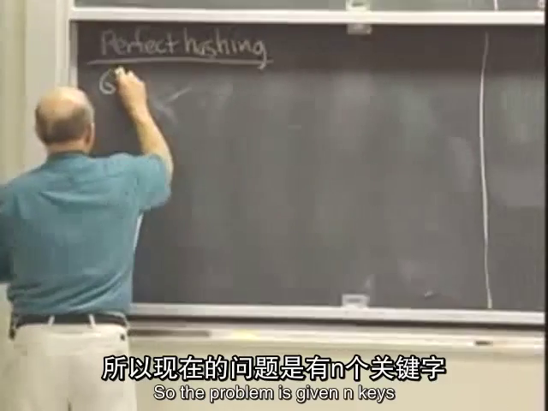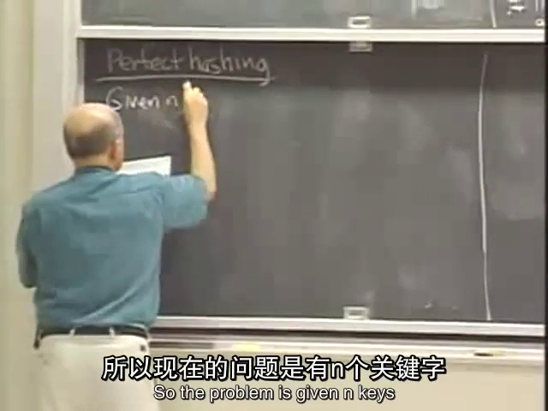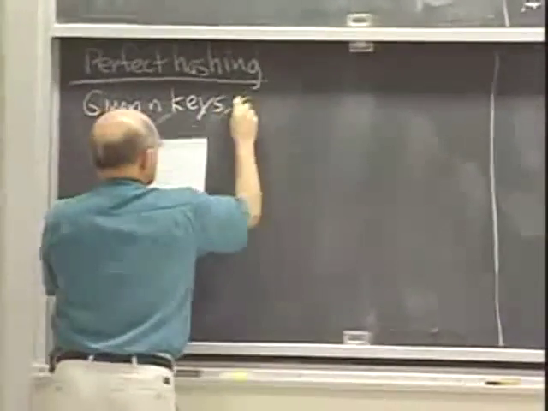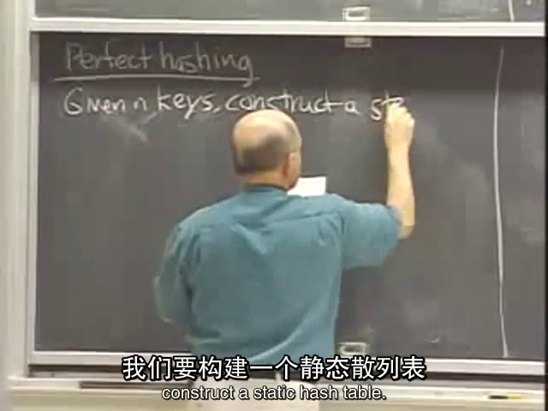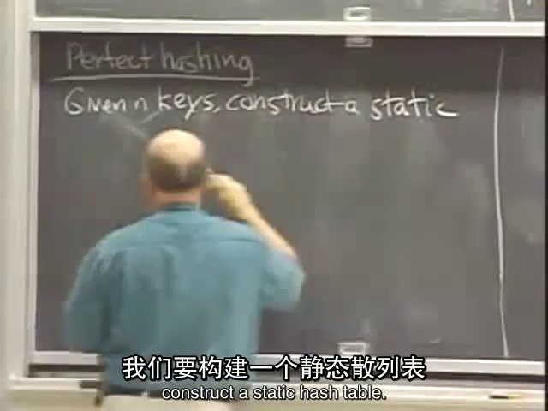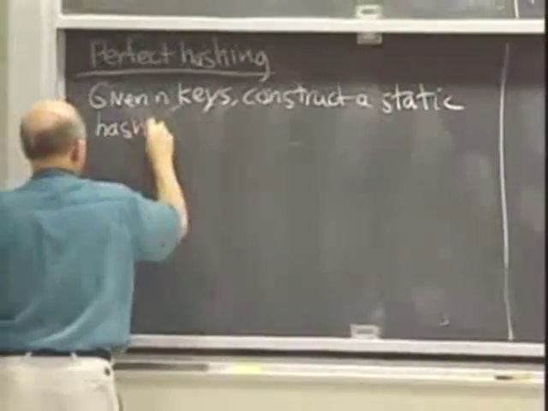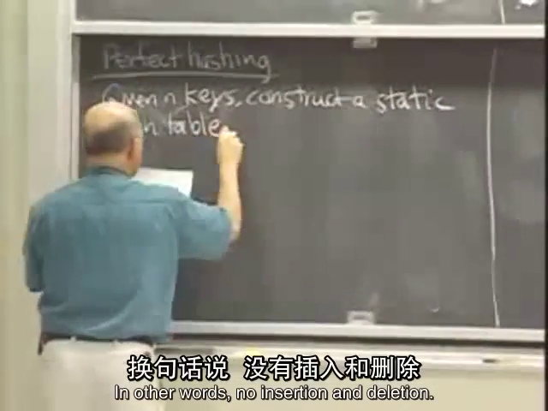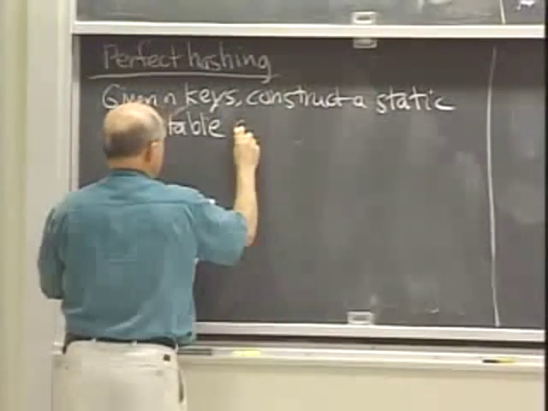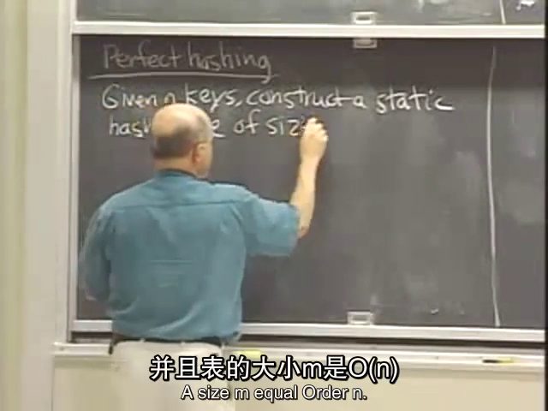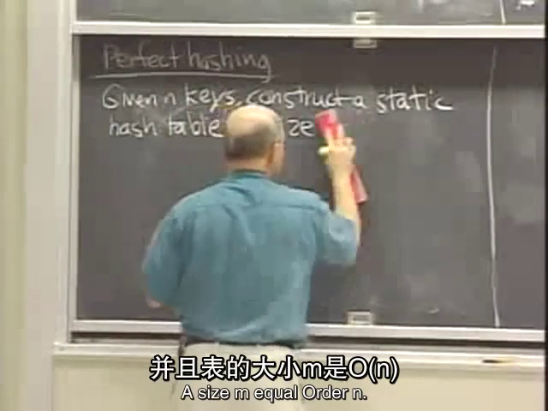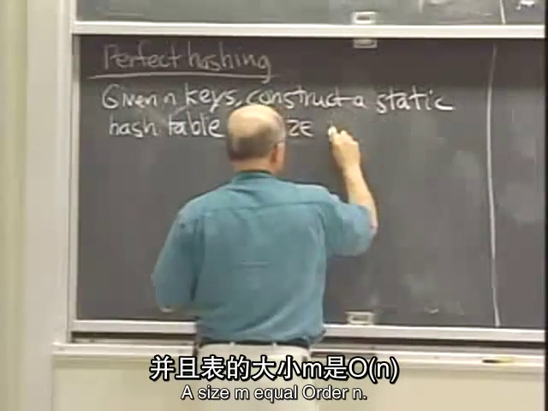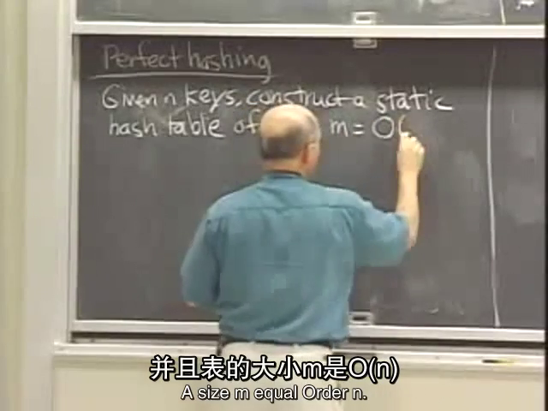Is there a way of building it so that I can find this quickly? So the problem is, given n keys, construct a static hash table, in other words, no insertion and deletion. We're just going to put the elements in there, of size m equals order n.